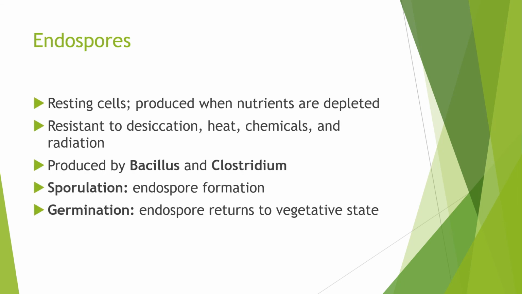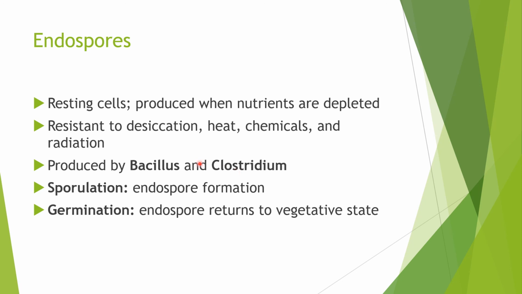Now, when essential nutrients are getting depleted from a bacteria, the bacteria is going to start producing what's known as an endospore. Endospores are usually produced by gram-positive bacteria, such as the ones under the genus Bacillus and Clostridium.